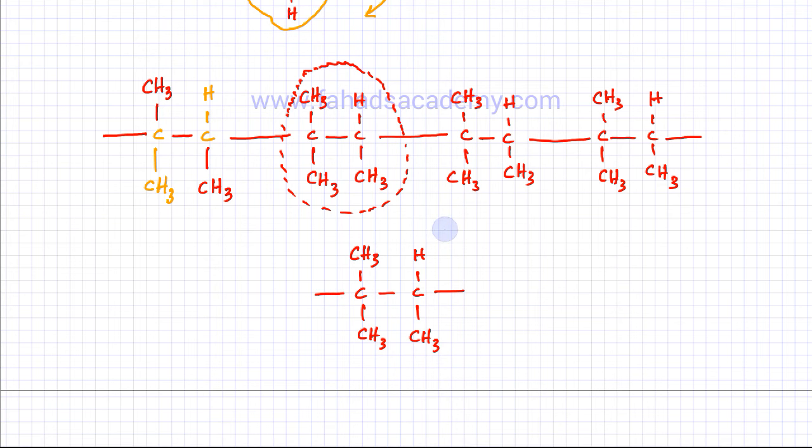So I'm going to draw square brackets around it and put n, which means that it is being repeated n number of times. N could be 1,000, it could be hundreds of thousands. So this repeat unit is being repeated n number of times.